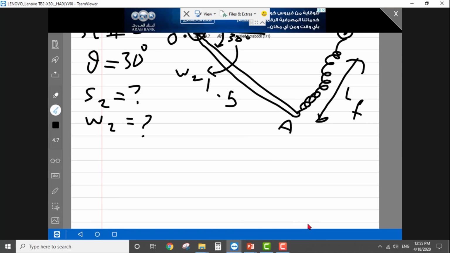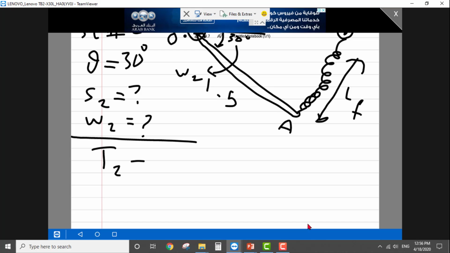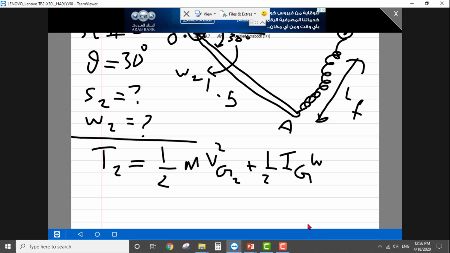Now let us first find T2. T2 is equal to half m Vg2 at state 2 squared plus half Ig omega 2 squared.